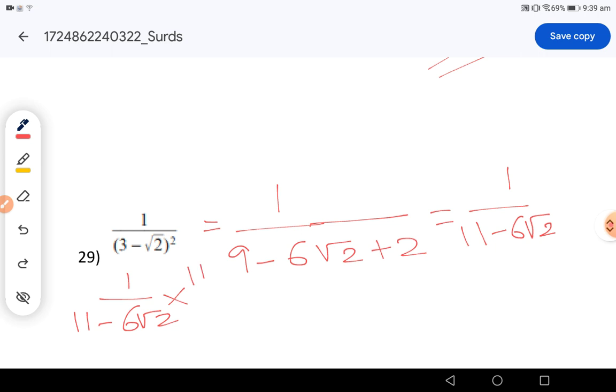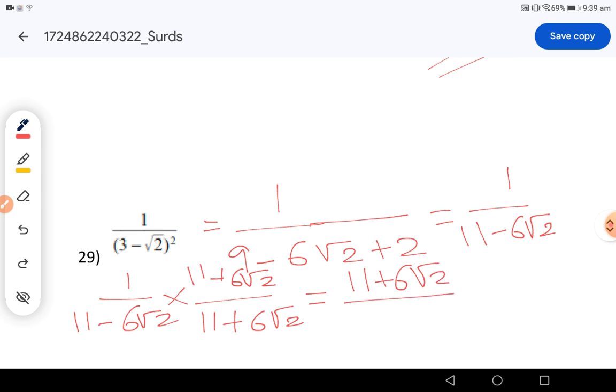So 11 plus 6 root 2 by 11 plus 6 root 2. So 11 plus 6 root 2 by 11 squared 121, minus 6 times 6, 36, 36 into 2, 72.